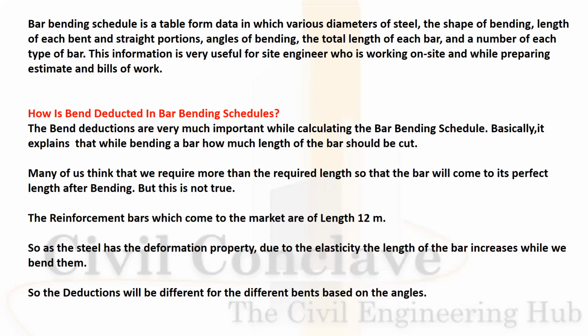But it is not at all true. The reinforcement generally available in the market is for a length of 12 meter. Steel has the deformation property. Due to elasticity, the length of the bar increases while we bend them. So the deductions will be different for each bend based on the angles.